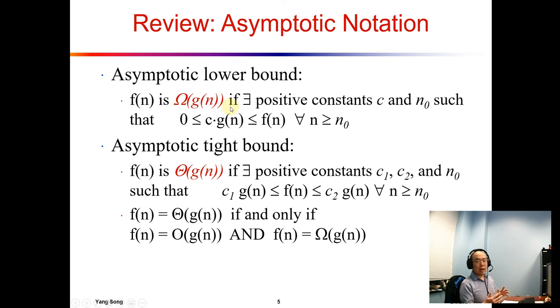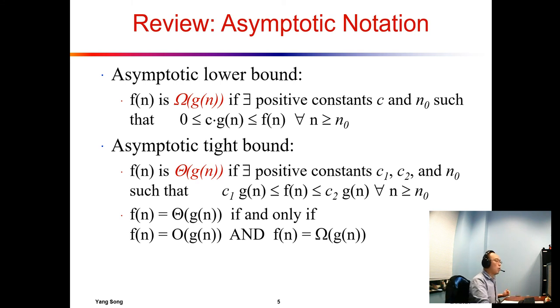Just now we spent time talking about the big O, and similarly there is also a lower bound, which is omega. The rule for omega is, instead of finding a C multiplied by g(n) which is always higher than f(n), now we want another C and another g(n), where C multiplied by g(n) is always lower than f(n).